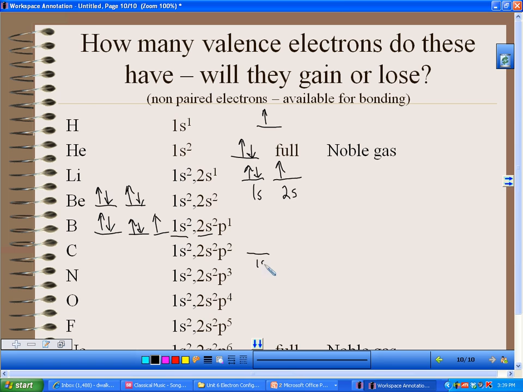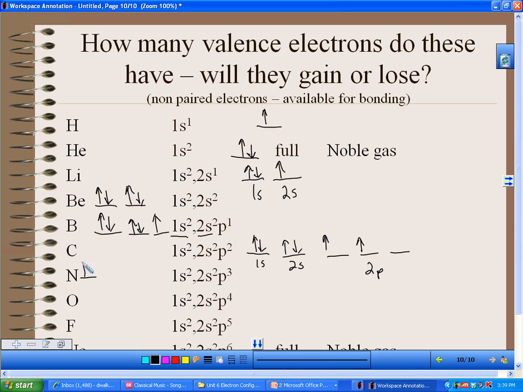Carbon has 1s completely full, 2s completely full. Now I'll start filling my P's. So I'm going to put 1 here and 1 here. Nitrogen is going to look very similar to this.